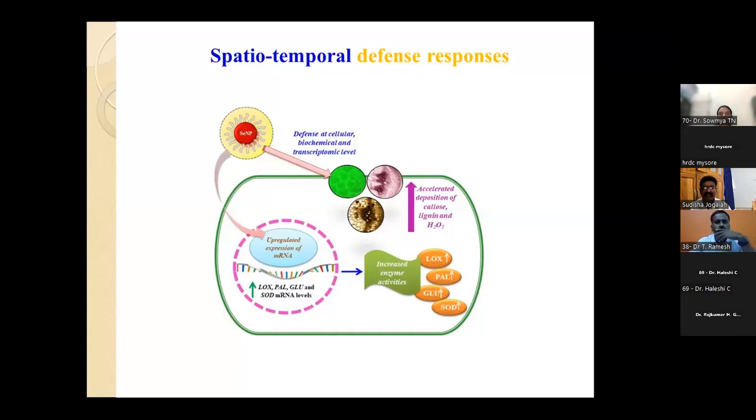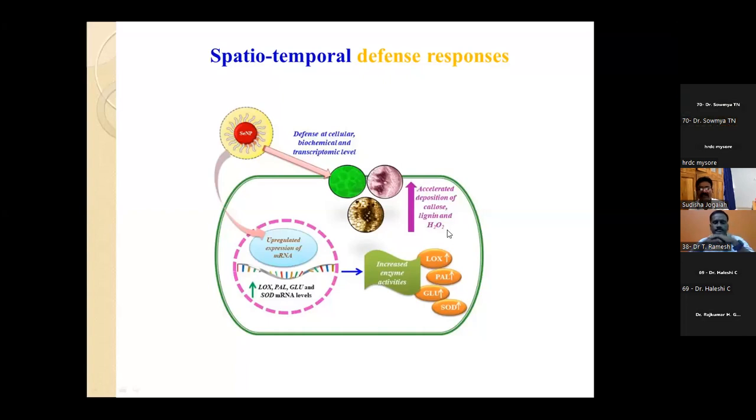That's what we say. It induces the host's innate system. That means no other entities are allowed here to promote plant growth or suppress the pathogen. Here the plant itself boosts its metabolic and physiological activity at the cellular level, the biochemical level, and the transcriptome level. That's why we looked at cellular defense, biochemical, and transcriptome levels, where we used callose deposition.